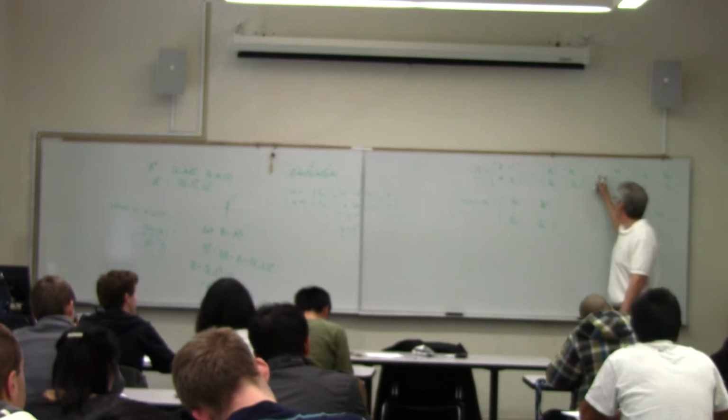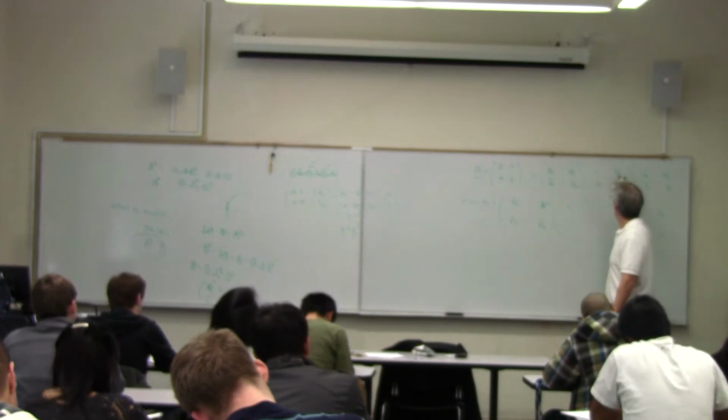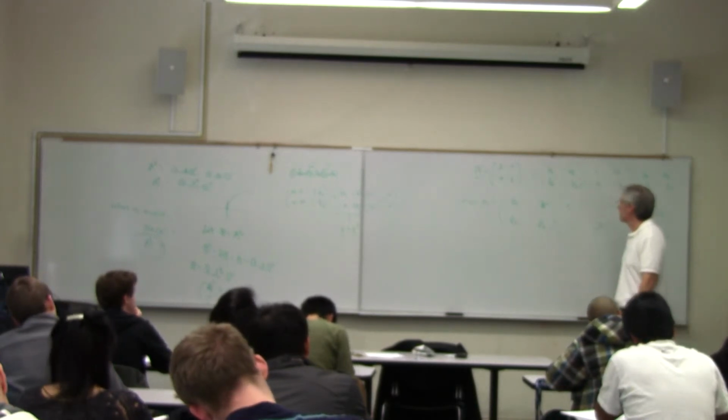And in the middle, we exponentiate this, so we get e to the 1, which is e, 0, 0, and e to the third power.